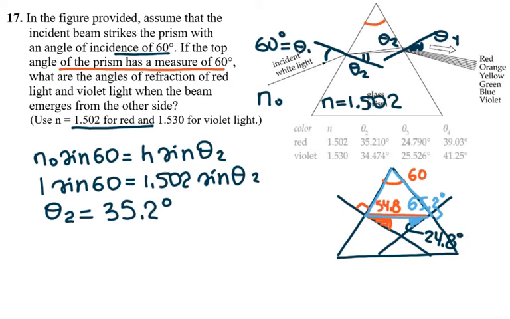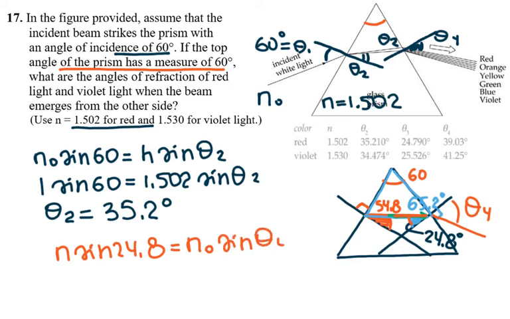So now I can do Snell's Law again. For the second part, I will say the angle of incidence, let's keep it red, this one is 24.8, but when it comes out, there is another angle, theta 4, and that's the one that we're looking for. So I'm going to use n in this refraction, and n sine of 24.8 is equal to n of the air, so sub-zero, sine of theta 4.